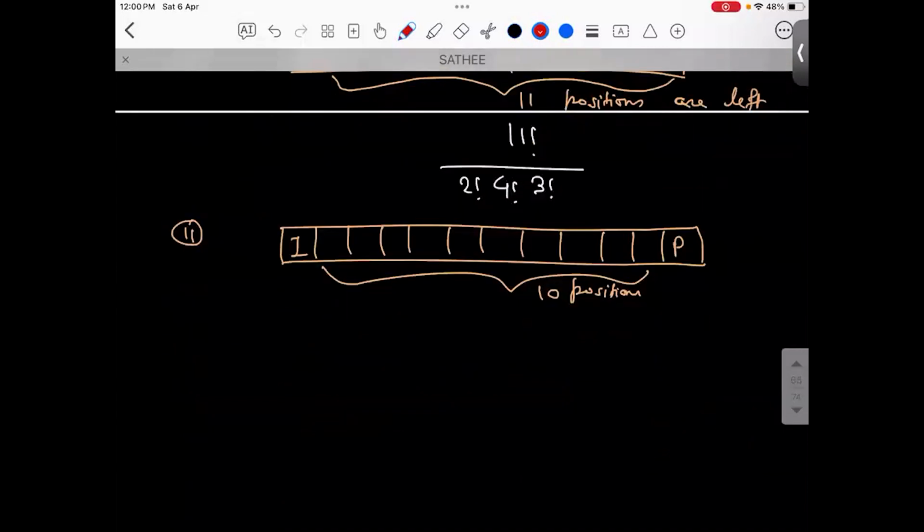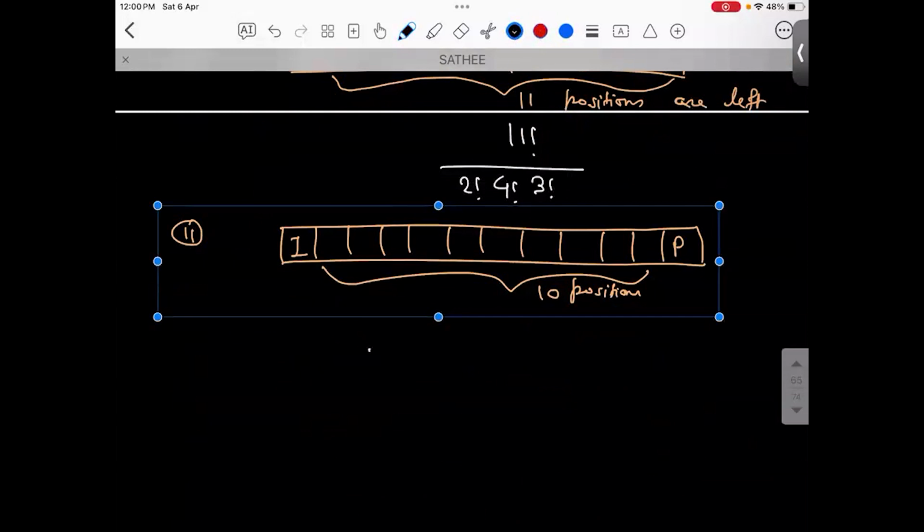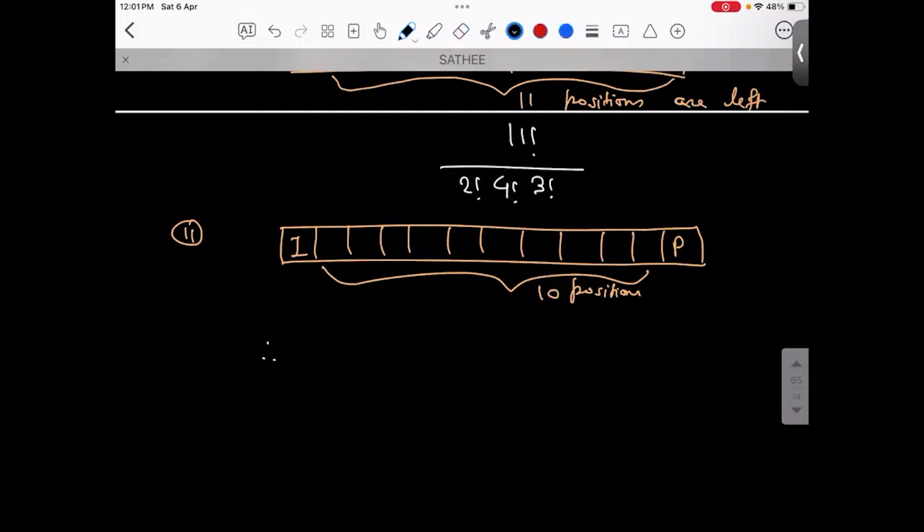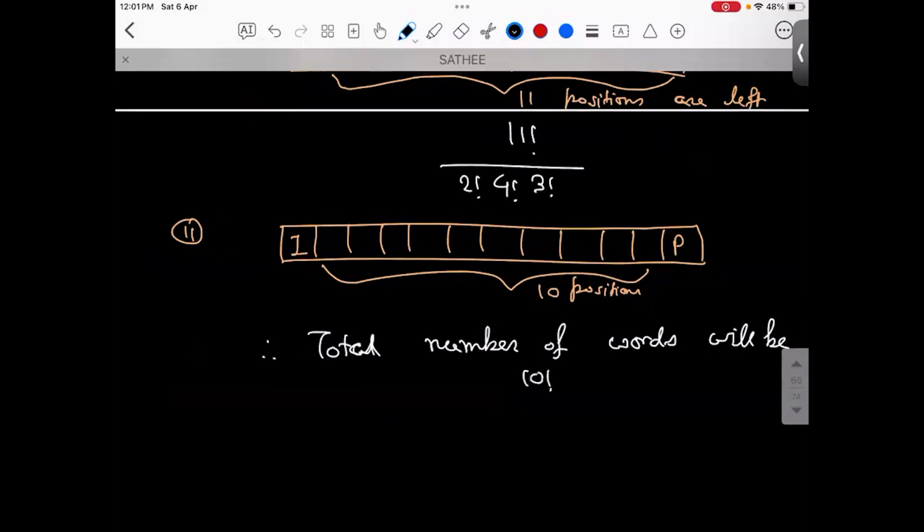So as we have mentioned in the previous case, here also the total number of words will be 10 factorial divided by 2 factorial, 4 factorial, 3 factorial.